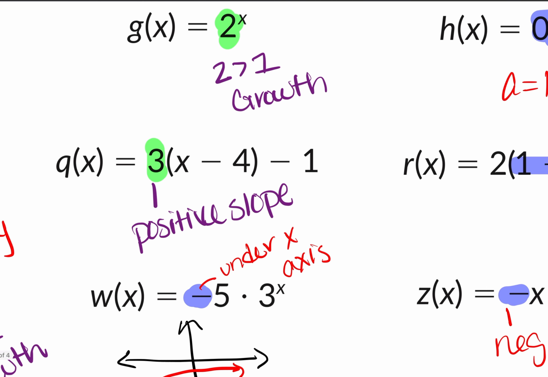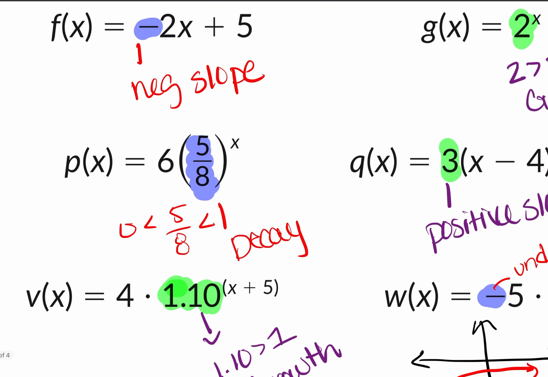Here, this is not exponential because there is no exponent, and 3 is positive. That is going to be a positive slope, so that is showing that that is increasing. 5 divided by 7, if you were to put that in the calculator, you would see that that is going to be 0 point and then something.